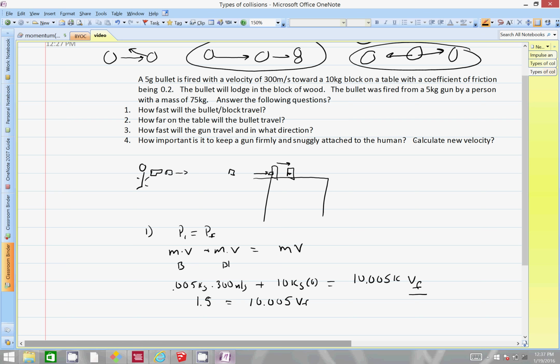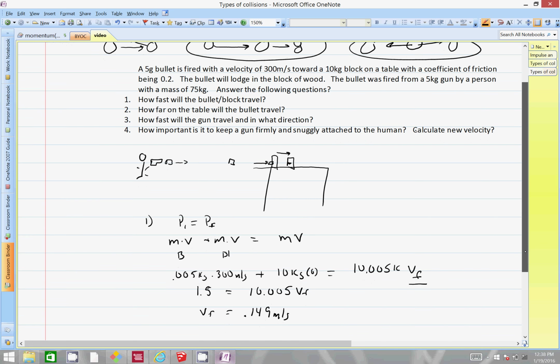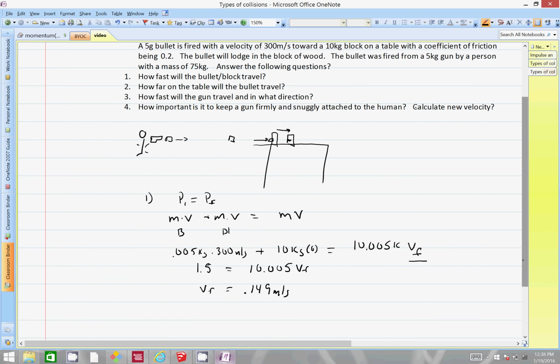Divide out, 1.5 divided by 10.005 equals a number less than 1, and the VF equals 0.149 meters per second. So not a whole lot, and that would be somewhat expected because the mass of that block is so much higher than the mass of the bullet.